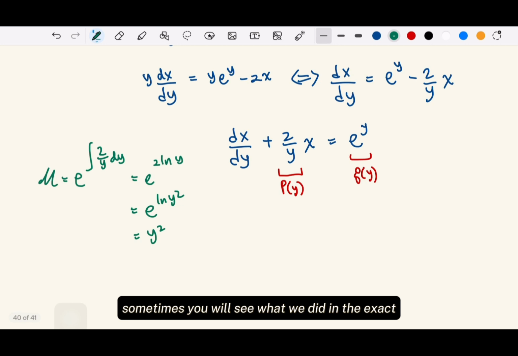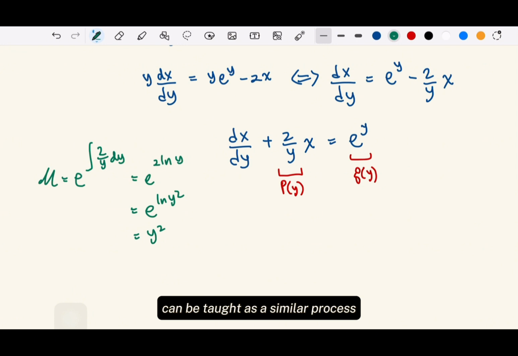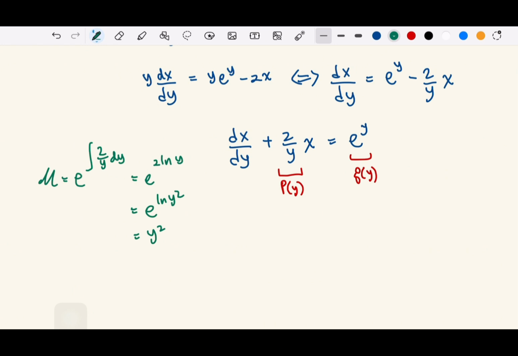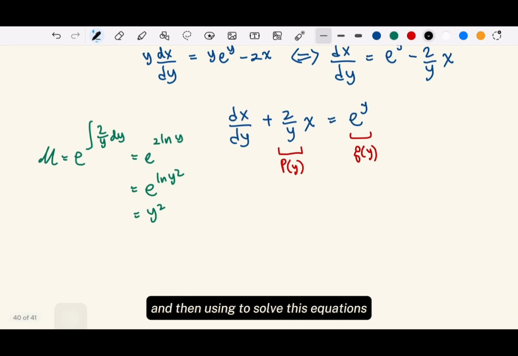Sometimes you will see what we did in the exact equation before, where we have the integrating factor. Sometimes we see some similarity because they can be thought of as a similar process, because they are using the same integrating factor. So we take this y squared and use it to solve this equation.